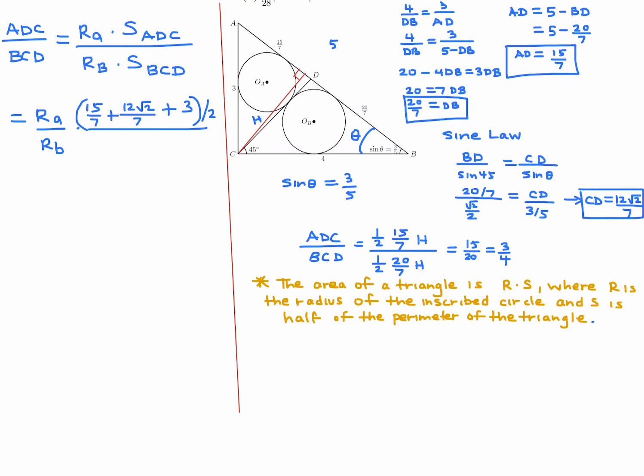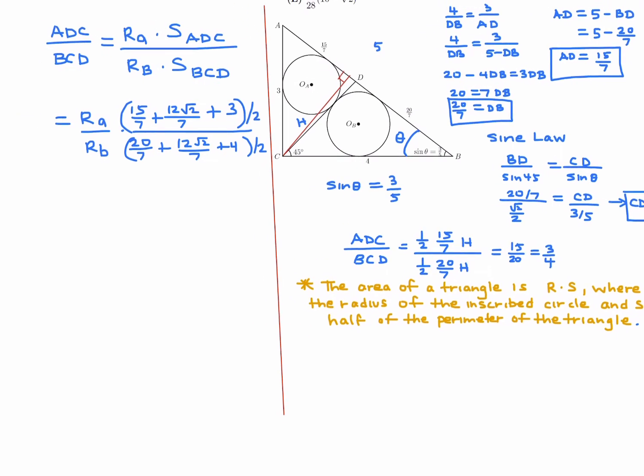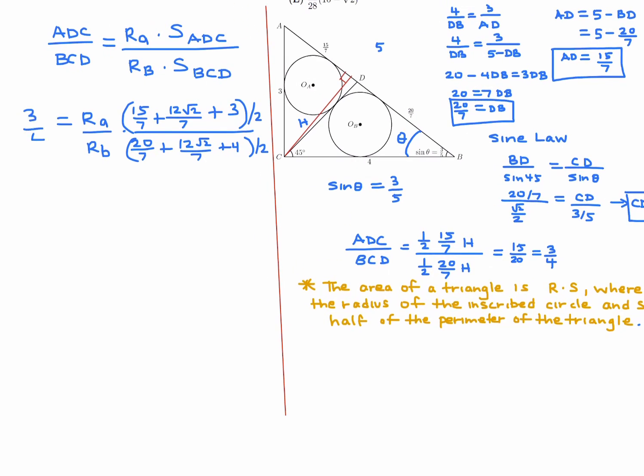And same thing, the perimeter of BCD will be 20 over 7 plus CD, which is 12 root 2 over 7, plus 4, all over 2. And then ADC over BCD, we just figured out previously was equal to 3 over 4. So this whole thing is equal to 3 over 4.